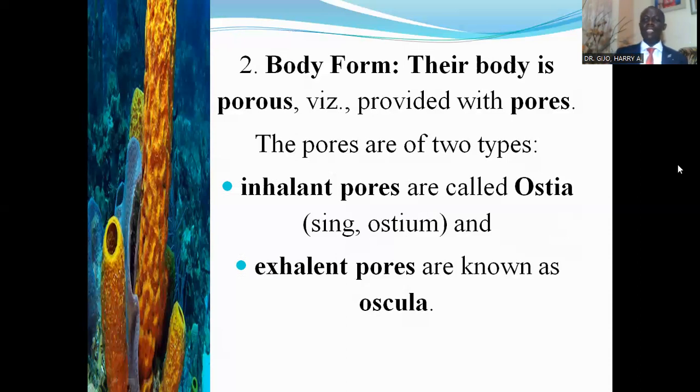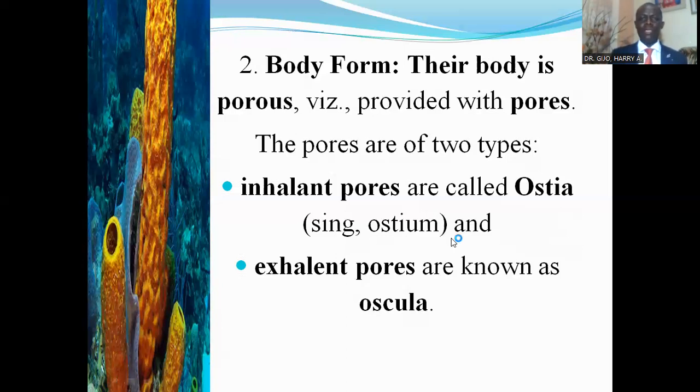So the inhalant pores take water and other particles into the sponge. The ostia take in water, food particles and other materials into the sponge. Then the exhalant pores, called the oscula, are responsible for the discharge or removal of water and waste products.